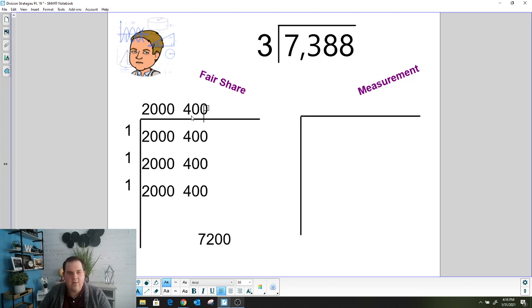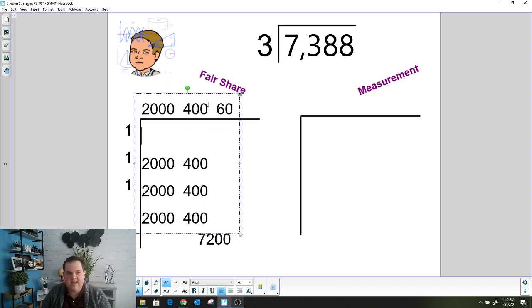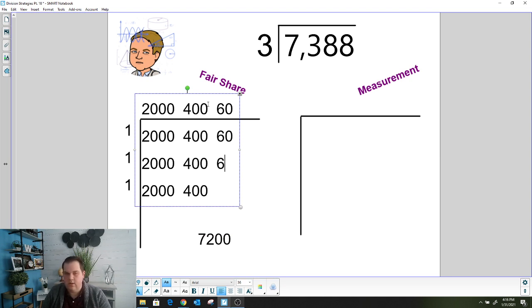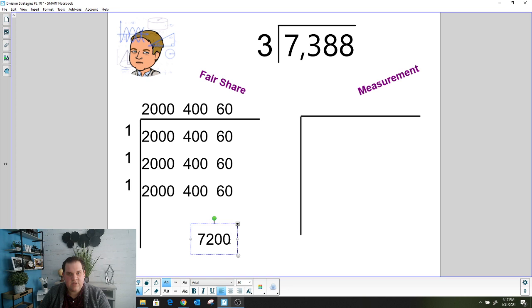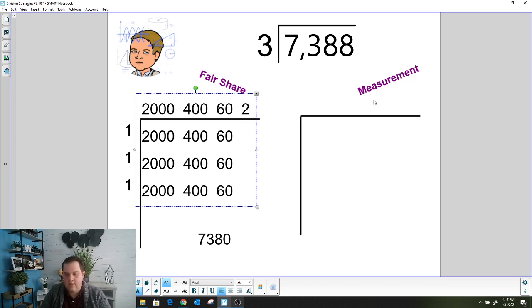And now I'll keep going. Now I've got 60 that I'm going to put into each group. And that takes me up to 7,380. Now I'm going to do 2 more groups because 2 groups of 3 will give me 6 total in the array.